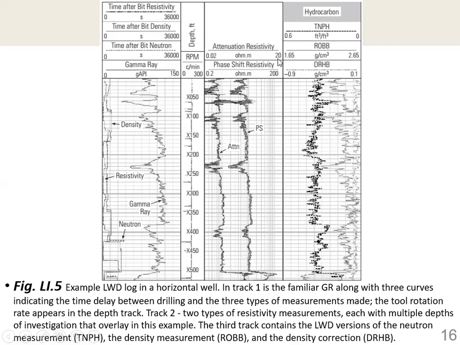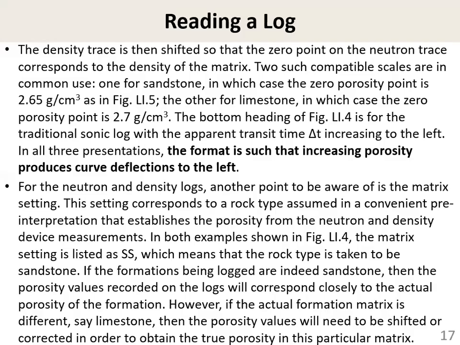First of all, this is in density units. And of course, you see the range is 1 gram per centimeter cube. And then for this one, the way it's displayed, increasing density, increasing porosity to the left, and you see it in subsequent slides.